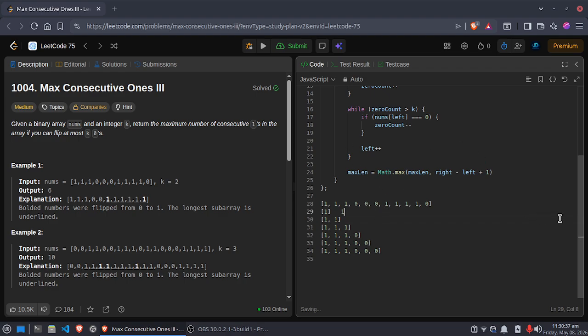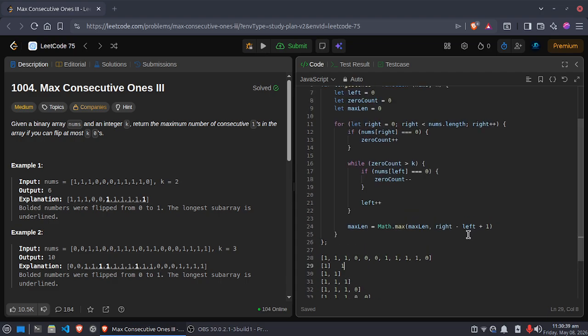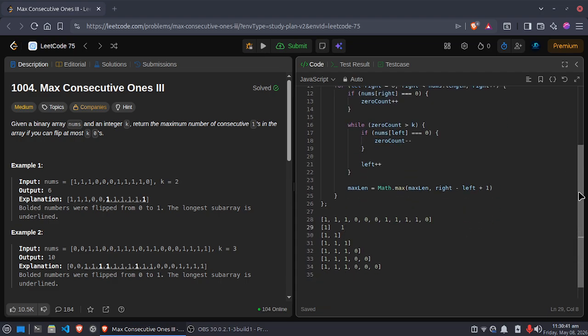Why? Because this is 0 minus 0 plus 1, so it's 1. Here 1 minus 0 plus 1, I get 2. 2 is the maximum length, you can see visually here.